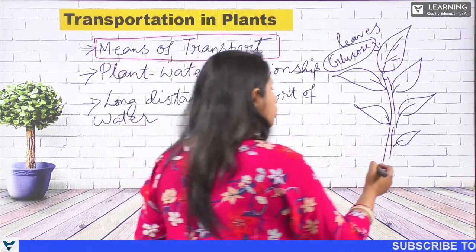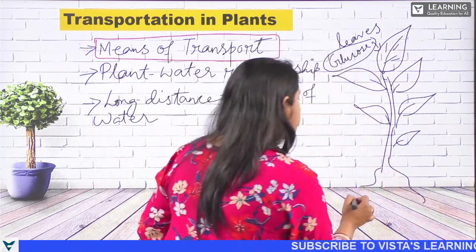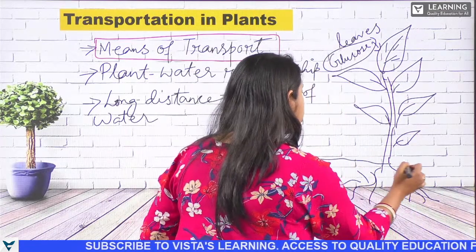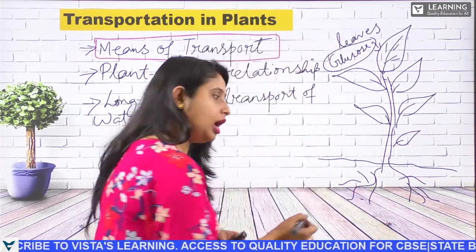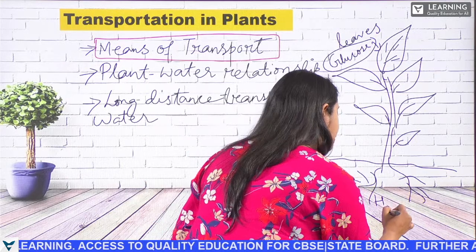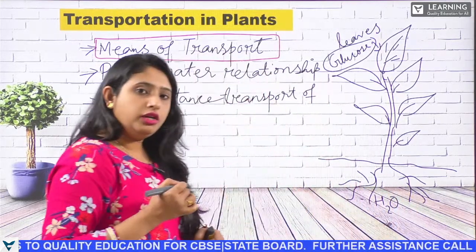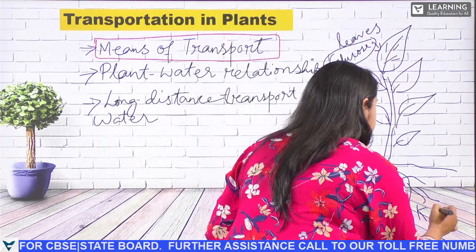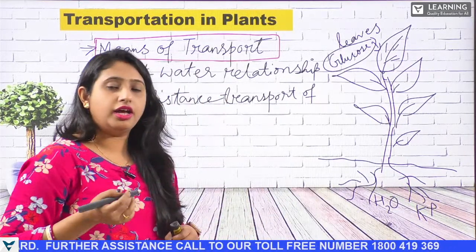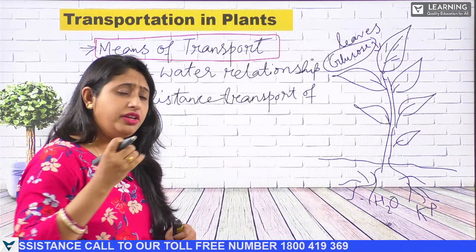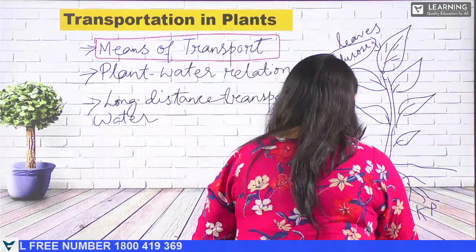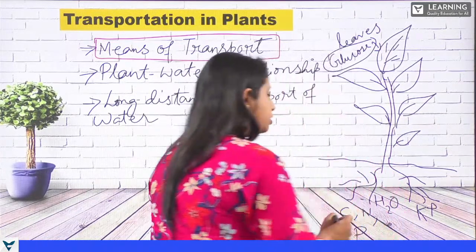So here the plant has got roots, right? So through the roots, from the soil, what happens? The water, again various ions, then various minerals which are present, like carbon, nitrogen, phosphorus, okay?